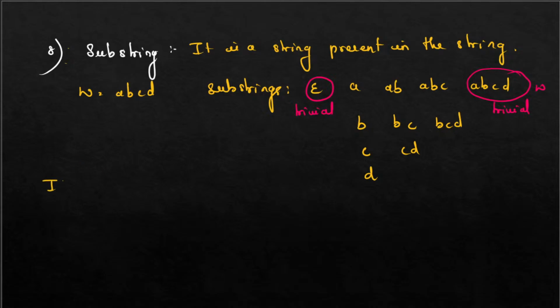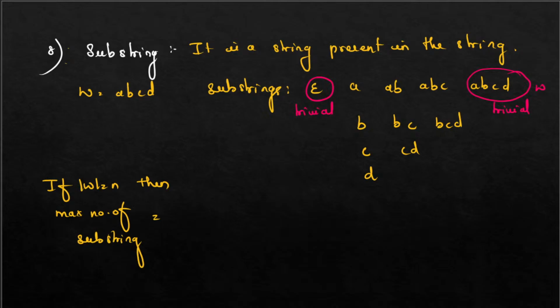If the length of w is n, then the max number of substrings is n times n plus 1 by 2, plus 1, where the plus 1 is for the epsilon. This is nothing but summation of n, plus 1.